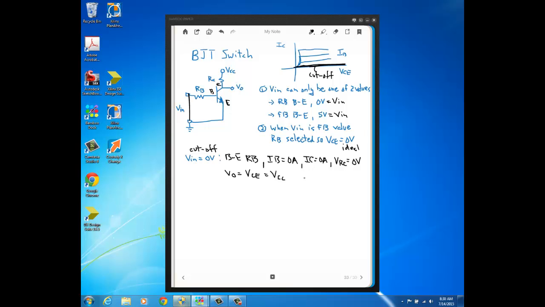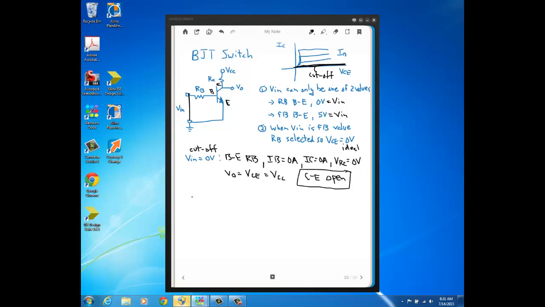So, and this is really a key point here, the collector to emitter of the BJT has the same voltage-current relationship as an open does, because just like an open has 0 current for any amount of voltage across it, here the BJT is going to have 0 current for any VCC that's across it. So we say that the BJT from collector to emitter, when Vn is equal to 0, is acting like an open. So it's like a switch that's off.